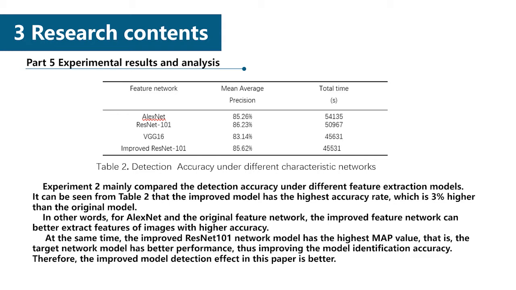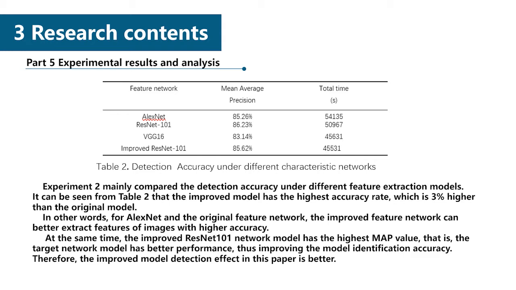In other words, compared with AlexNet and the original feature network, the improved feature network can better extract features of images with higher accuracy.